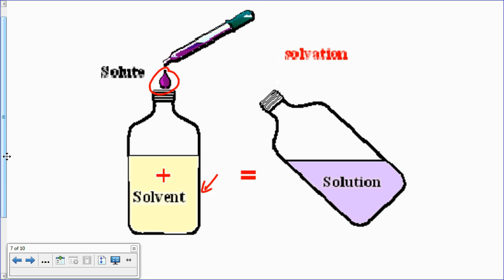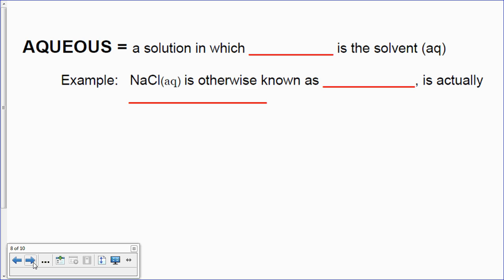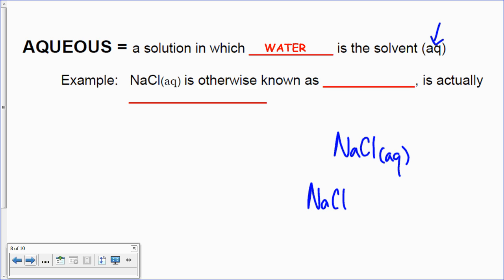Now, there's a special term for that, bottom of page 6, and we call that aqueous, a solution in which water is the solvent. And we always put a nice symbol here after that. So if I said NaCl aqueous, that means this is NaCl dissolved in water.